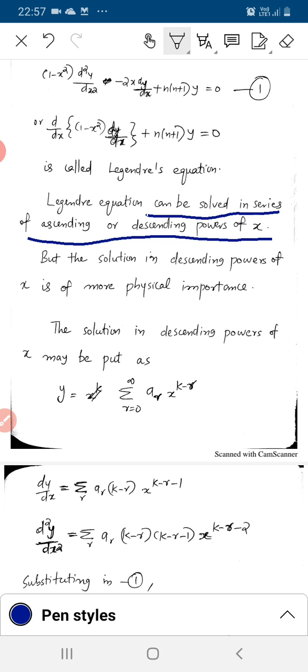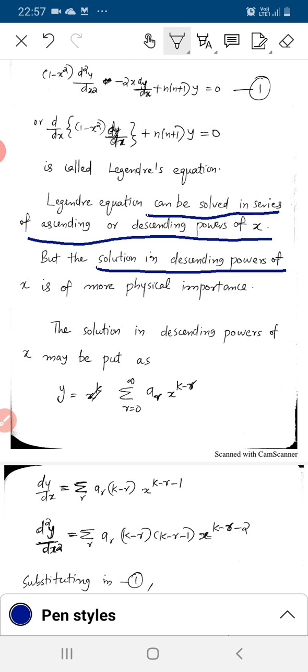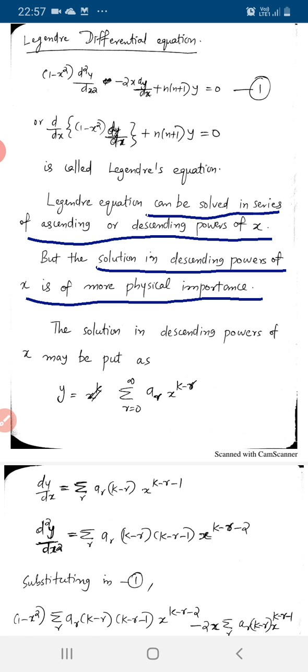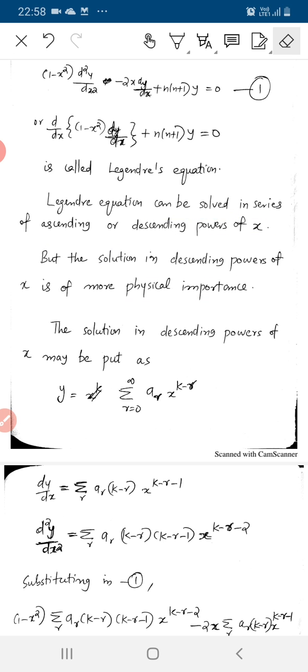The Legendre equation we are solving in descending powers of x, because the solution in series of descending powers of x is of more physical and practical importance than the ascending powers of x.